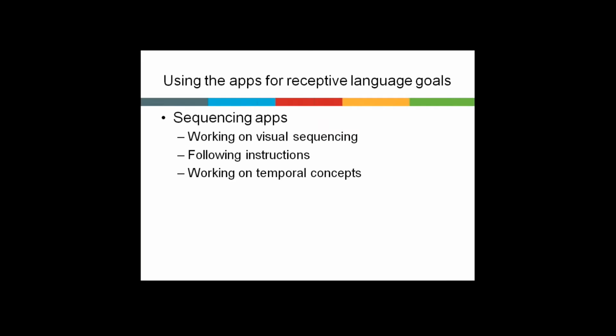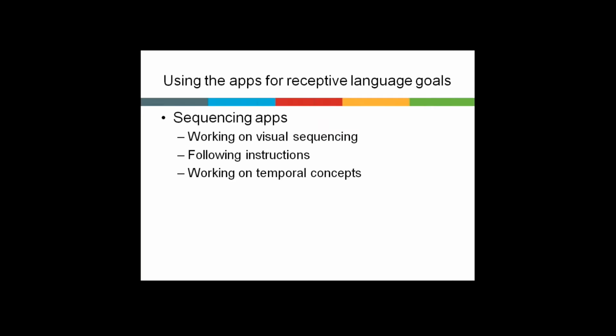Okay, so if we were thinking about how we might use the ColorCards apps for working on receptive language goals, let's start with thinking about the sequencing apps which you saw. You saw basic sequencing, but the same approach works for both of the other two sequencing apps, which are a little more complex. So, these might be fairly obvious, but the suggestions I have are working on visual sequencing, working on following instructions, but also working on temporal concepts in terms of ordering a familiar sequence in order.